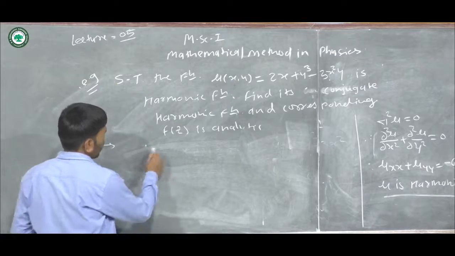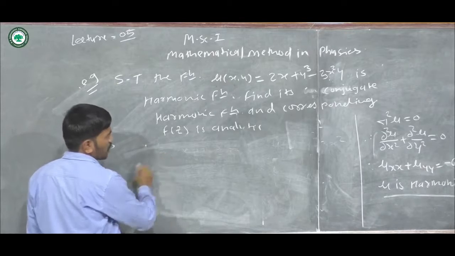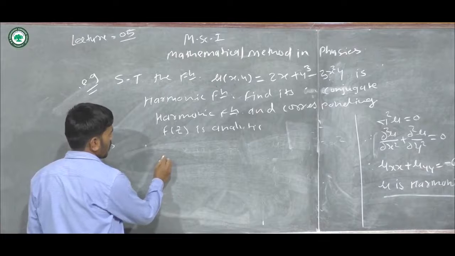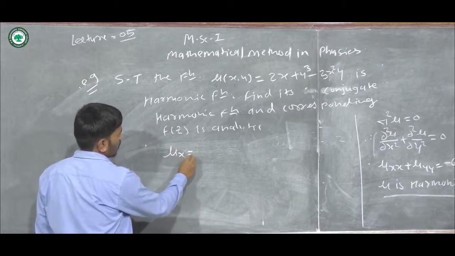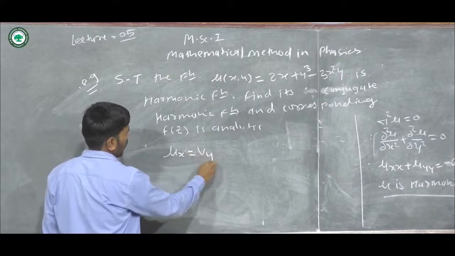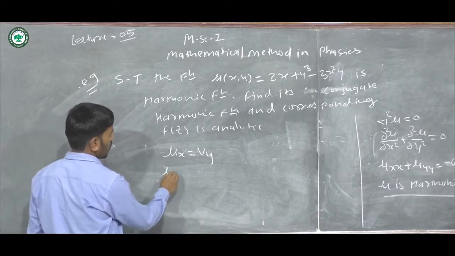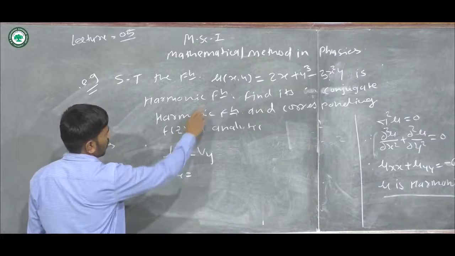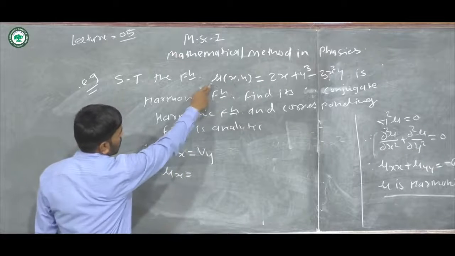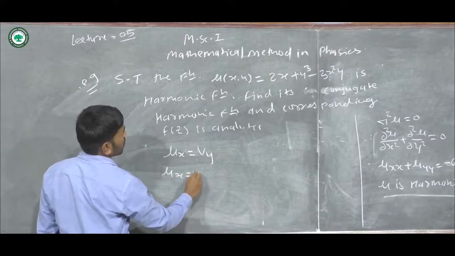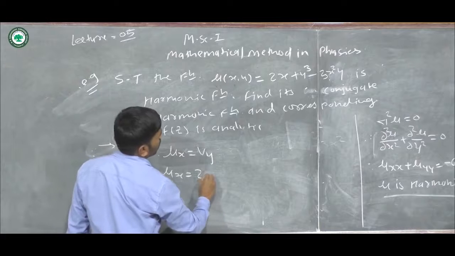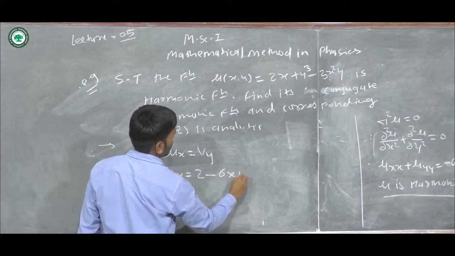Okay, so from the CR equations, we know the first condition for the CR equation is u_x is equal to v_y. This u_x we already calculated, that is the first derivative of this function u, that is 2 minus 6x into y.